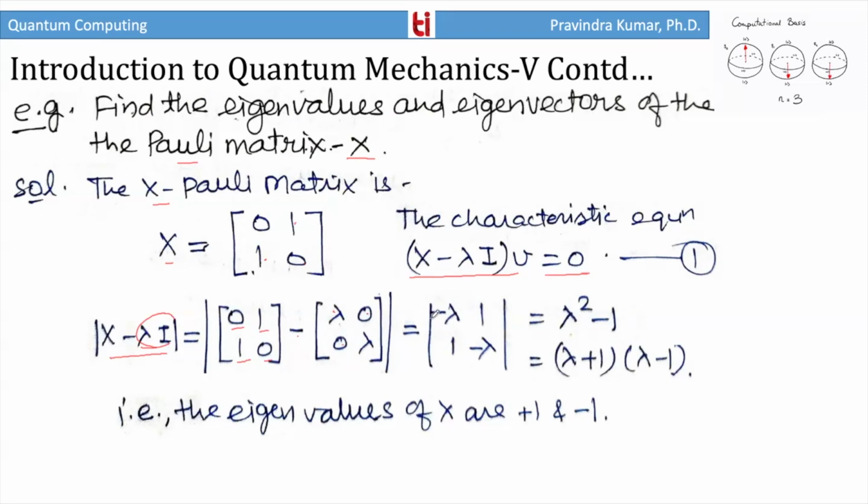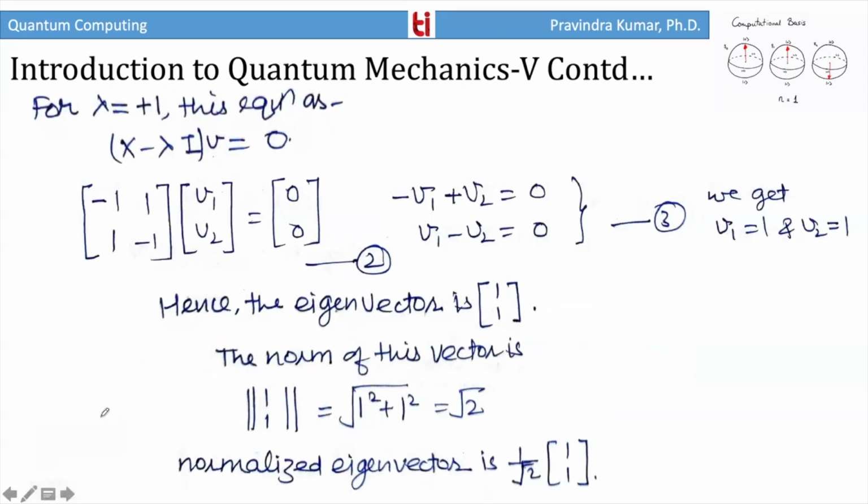So we get the determinant of minus lambda, 1, 1, minus lambda. We get the multiplication of this minus the multiplication of this, which gives lambda square minus 1, or lambda plus 1 times lambda minus 1. So we have two values of lambda, plus 1 and minus 1. These are the eigenvalues.